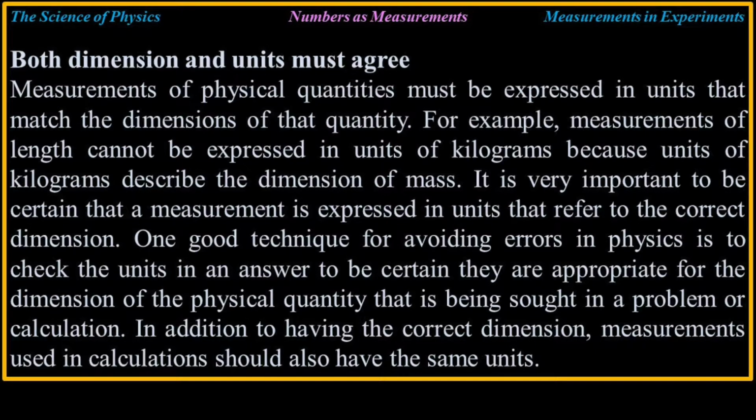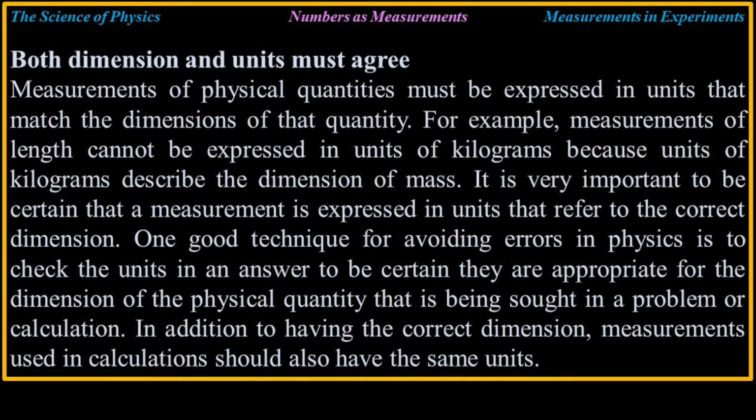Both dimension and units must agree. Measurements of physical quantities must be expressed in units that match the dimensions of that quantity. For example, measurements of length cannot be expressed in units of kilogram because units of kilogram describe the dimensions of mass. It is very important to be certain that a measurement is expressed in units that refer to the correct dimension.